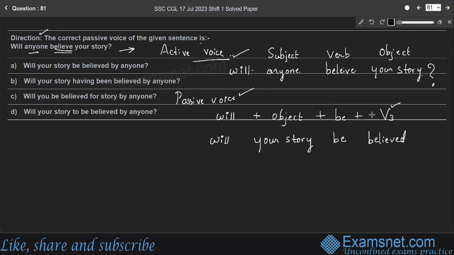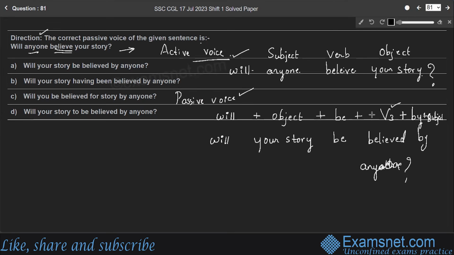Will your story be believed by? We need to introduce by, right? After the third form of the verb, by the object, right? So the subject of the active voice becomes the object of the passive voice, right? Therefore, believed by anyone. Right?